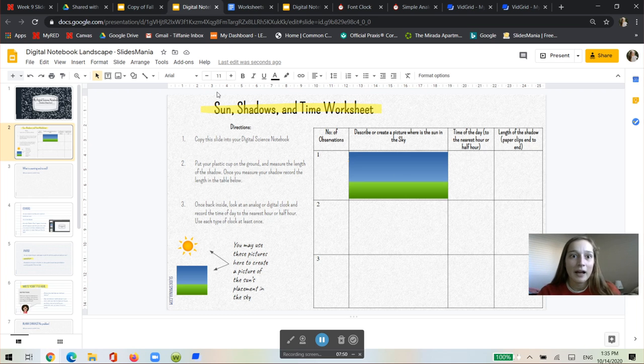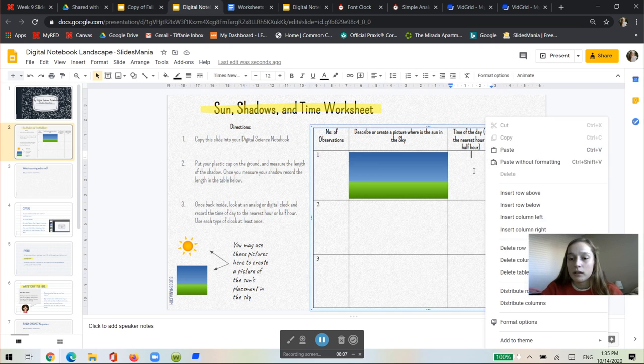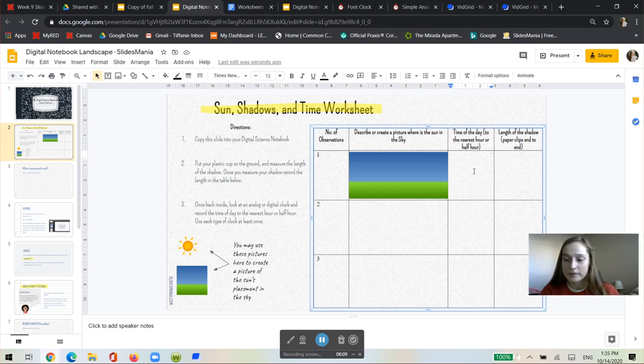And then I have it on the slides that you can read if you want to, or you will have a copy of it, I guess. Once everybody is done with this portion, the describing with a picture, you will take them back inside and then they are going to record what the time of day is.